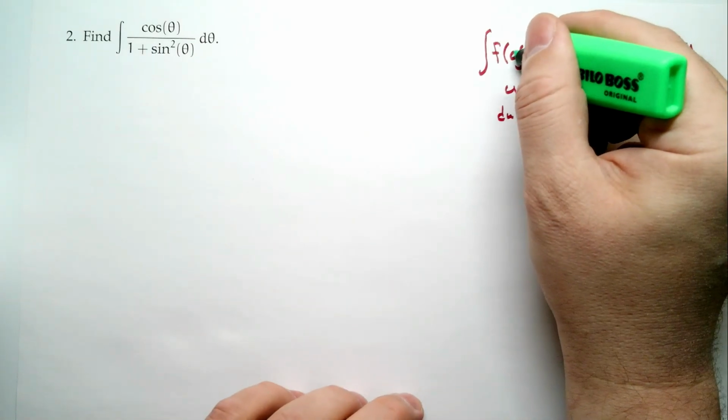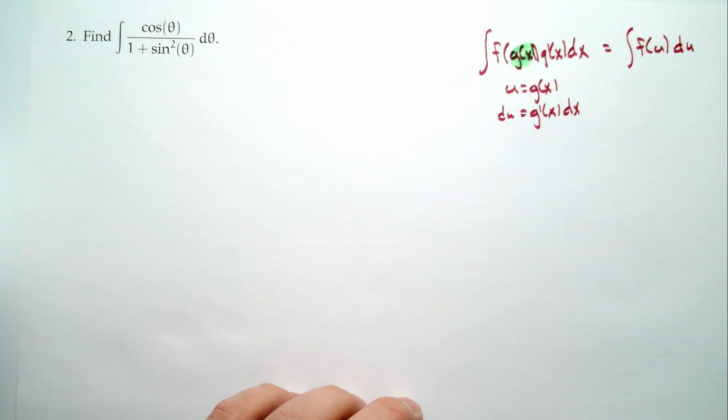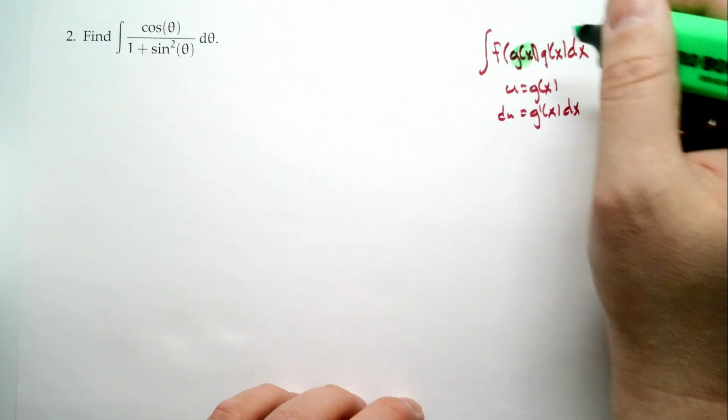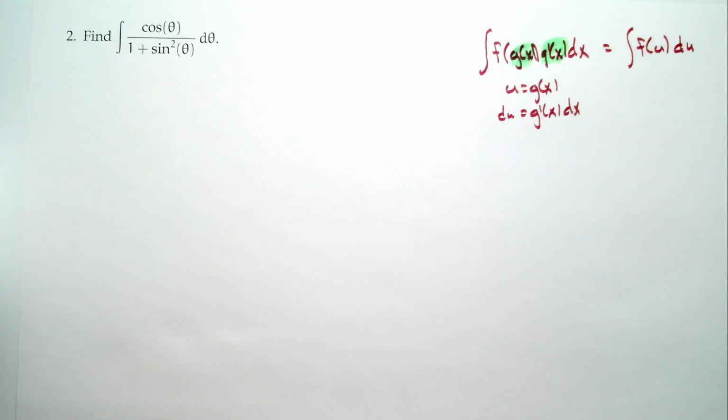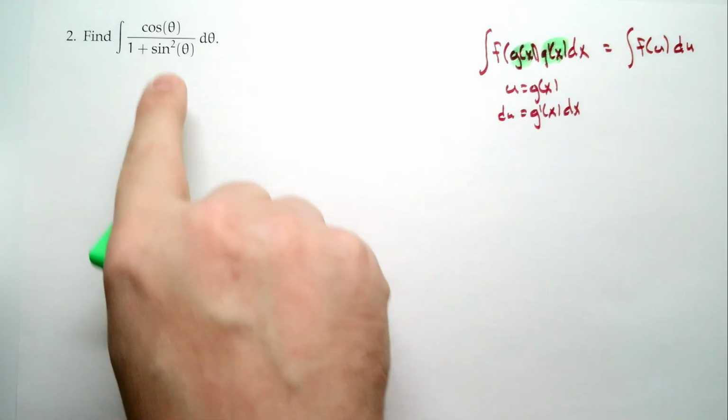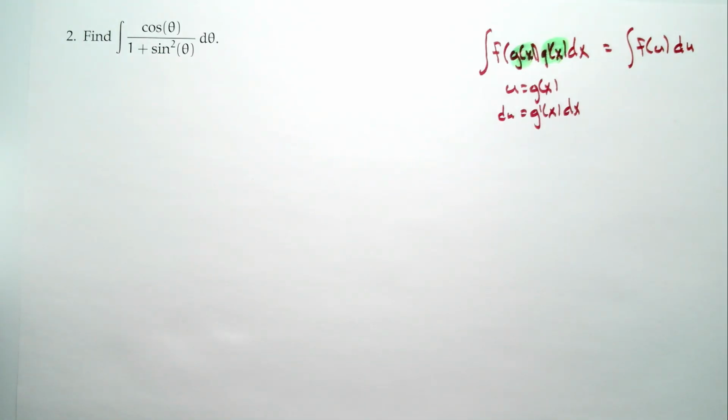You look for something on the inside, a function in a function, or you look for something that's a nice derivative. Now in our case, I recognize that cosine theta shows up as the derivative of something. And in particular, if I take the derivative of sine, I get cosine. So that's suggestive.